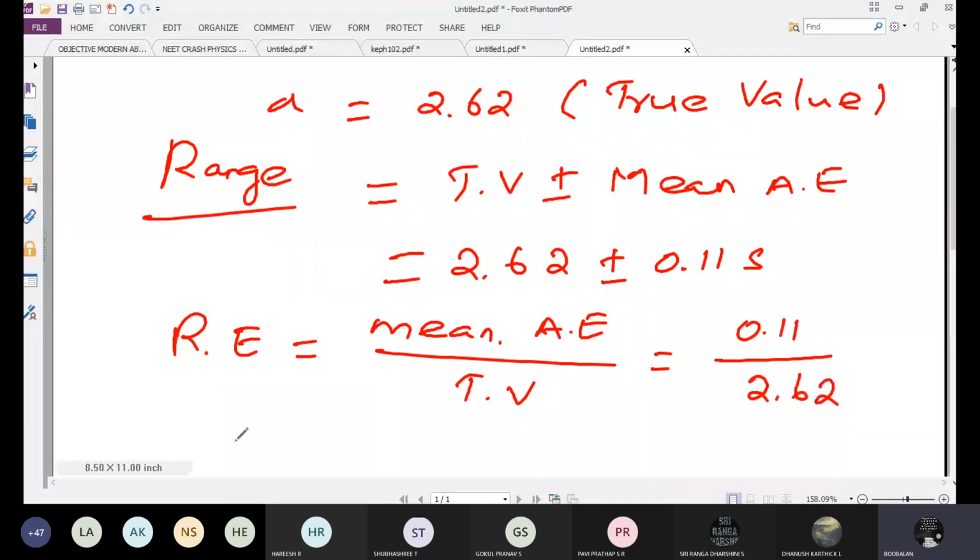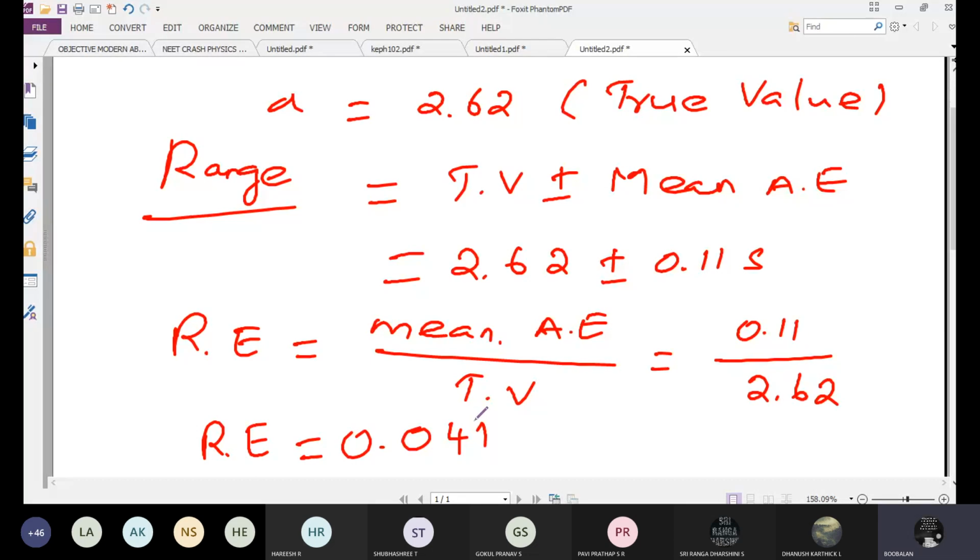Then you will get the relative error. Do the calculation: 0.11 divided by 2.62, you will get 0.041. You can take 3 decimals, minimum 2, maximum 3.